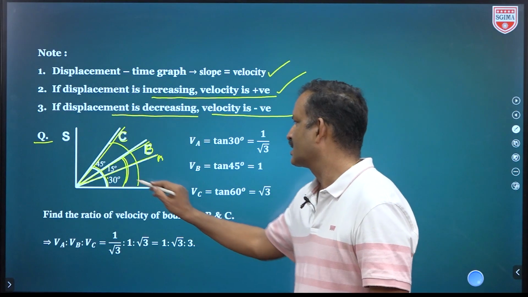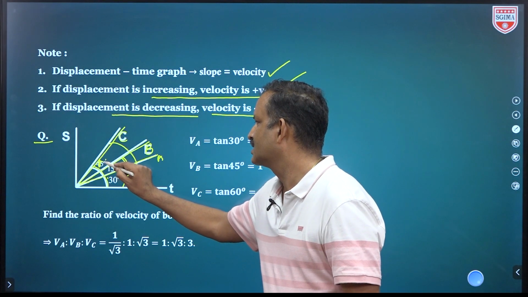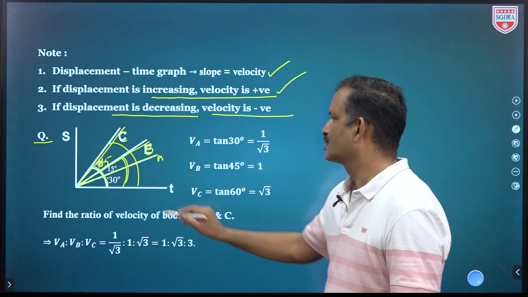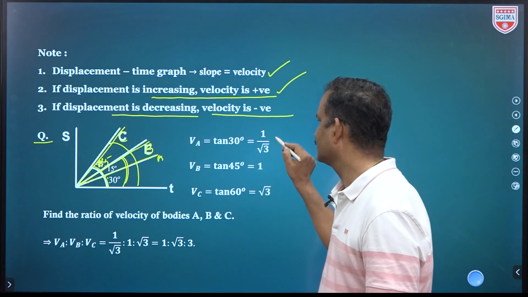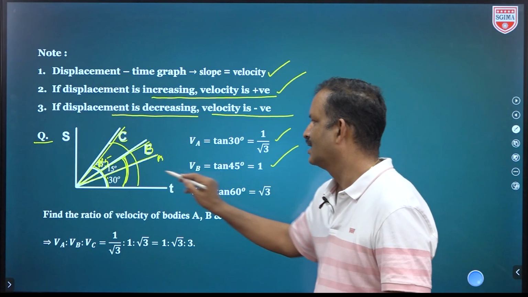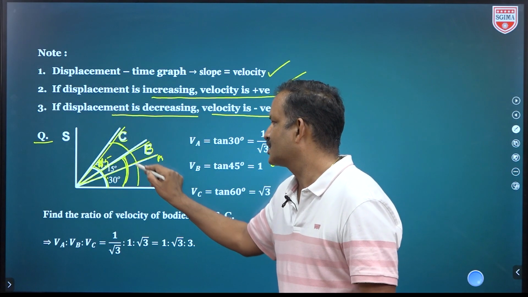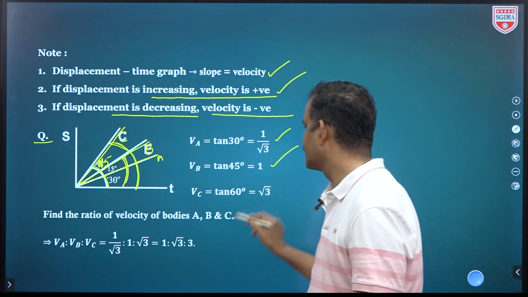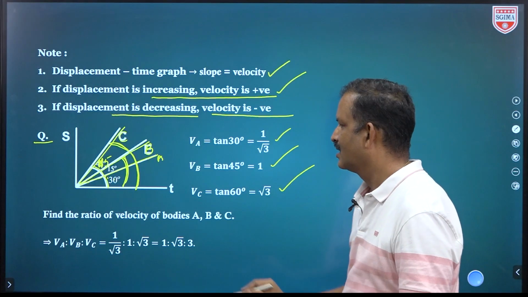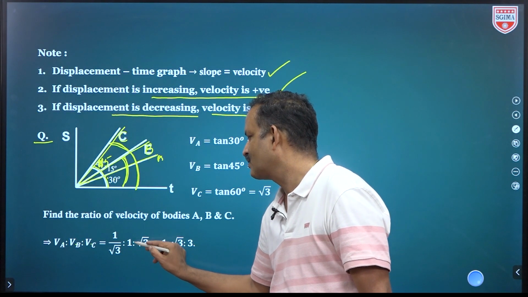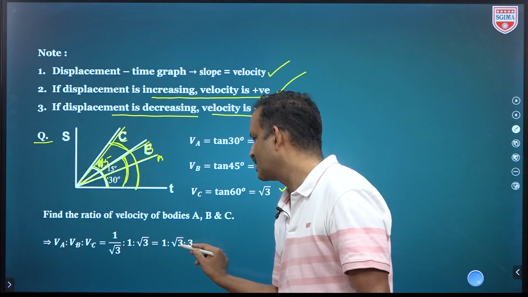This is 15, this is 15, this is 15, this is 30. So this is tan 30, 1 by root 3, this is tan 45, 1, and with respect to the x-axis this is 30 plus 15 plus 15, 60, and tan 60 is root 3. So the ratio VA is to VB is to VC is 1 by root 3 is to 1 is to root 3, that is 1 is to root 3 is to 3.